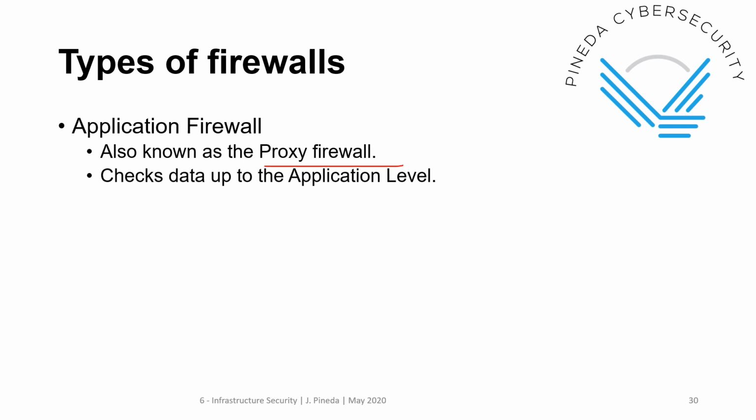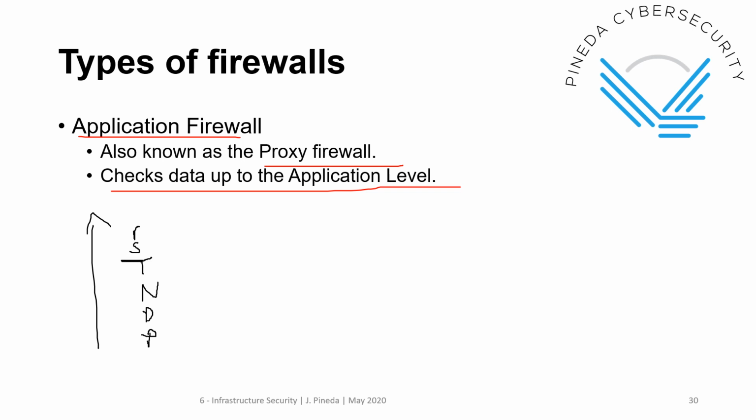the proxy firewall, so application or proxy. So here, it checks data up to the application level. If you would remember your OSI, right, it starts with physical, data link, network, transport, session, presentation, application. Okay.